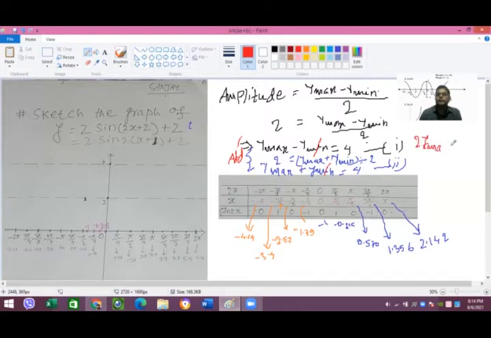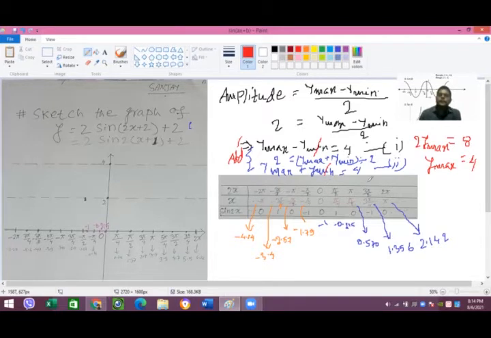So this is the case of algebra, and you can do it at your convenience. And then to the right side, we have 4 plus 4 is 8. So y maximum value is 8 divided by 2 is 4. That means the maximum value that the curve takes in this graph will be 4.